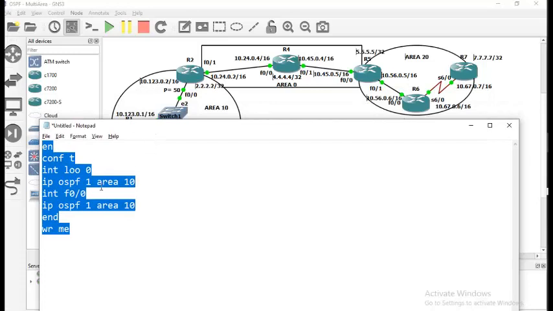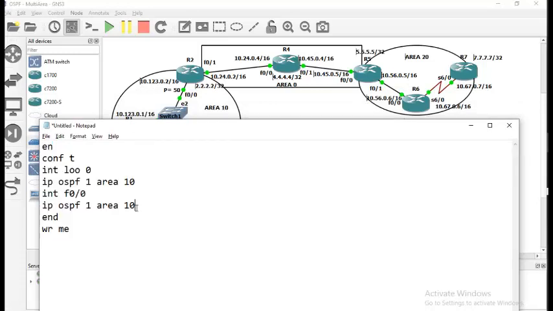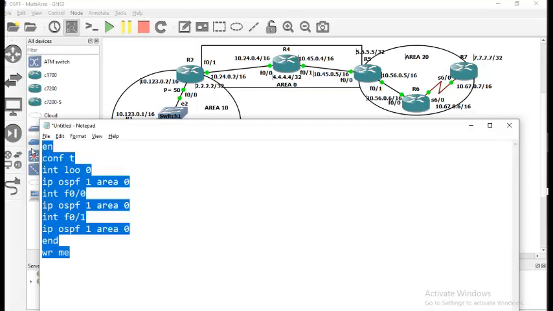I would like to do router 4. Router 4, you got 2 physical interfaces. So let me copy this one more time and say 1 here, and all the interfaces on area 0. This is going on.